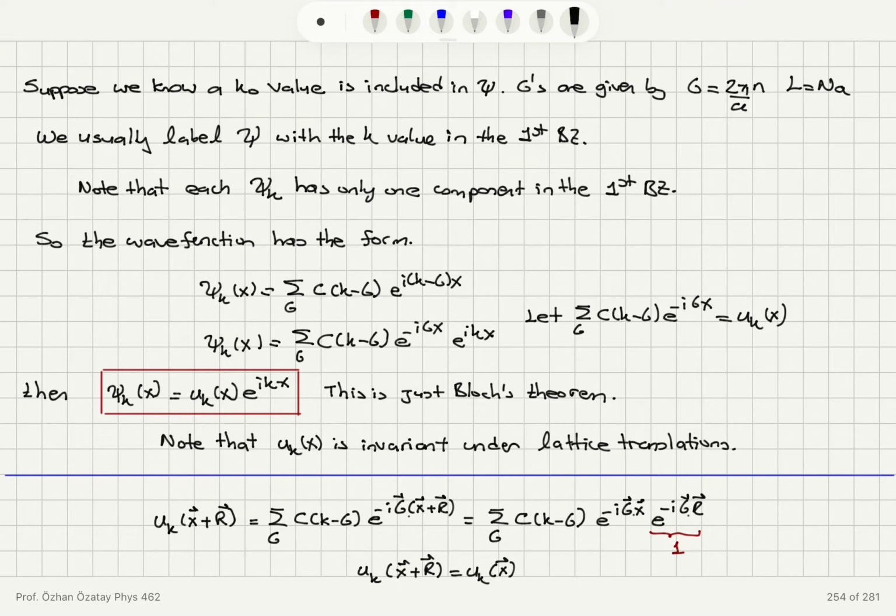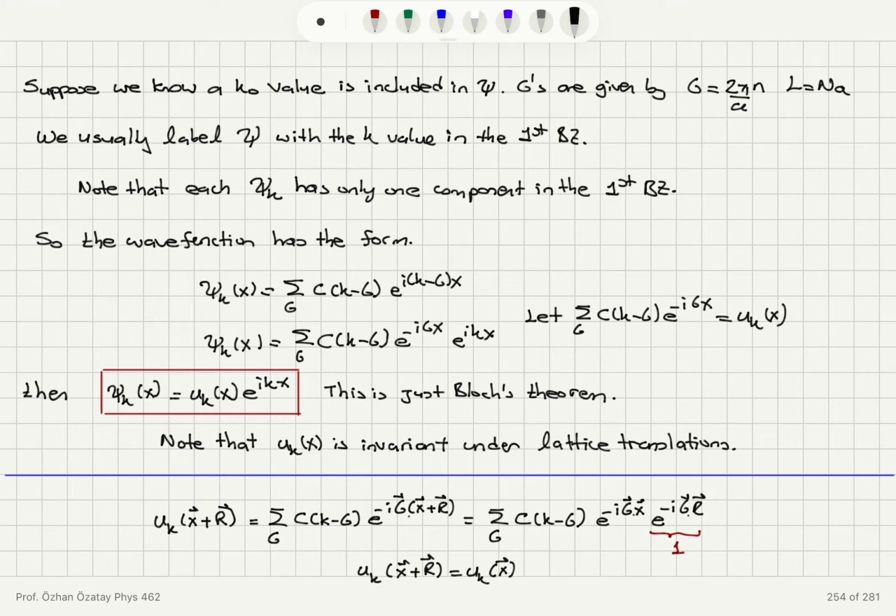So the wave function has the form sum over g of C of k minus g, e to the i (k minus g) x, because the C of k's are in this form. It was sum over k of C k e to the i k x, but all k's are in the form k minus g.